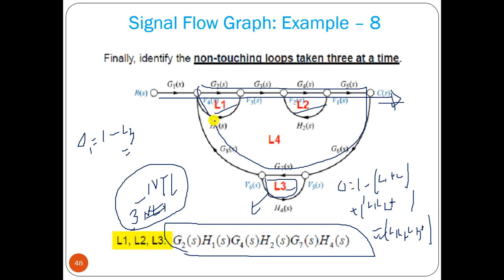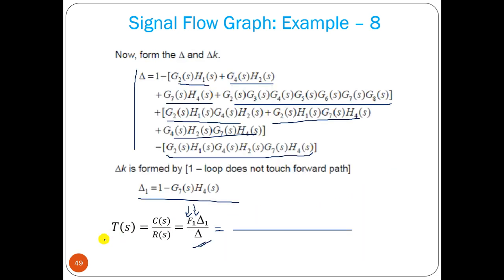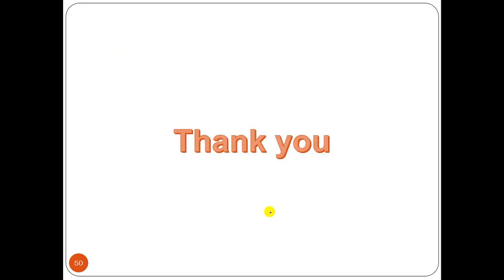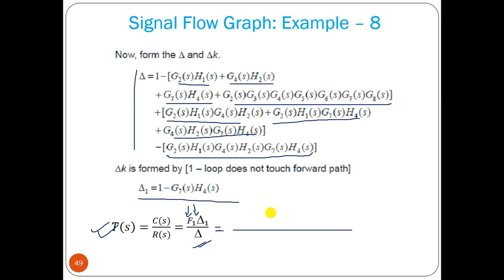We only have to find the number of forward paths, all the loops, then the 2 non-touching loops, 3 non-touching loops, and put them into the formula, and you can directly find the transfer function of any complicated control system. So this is all about the signal flow graph.